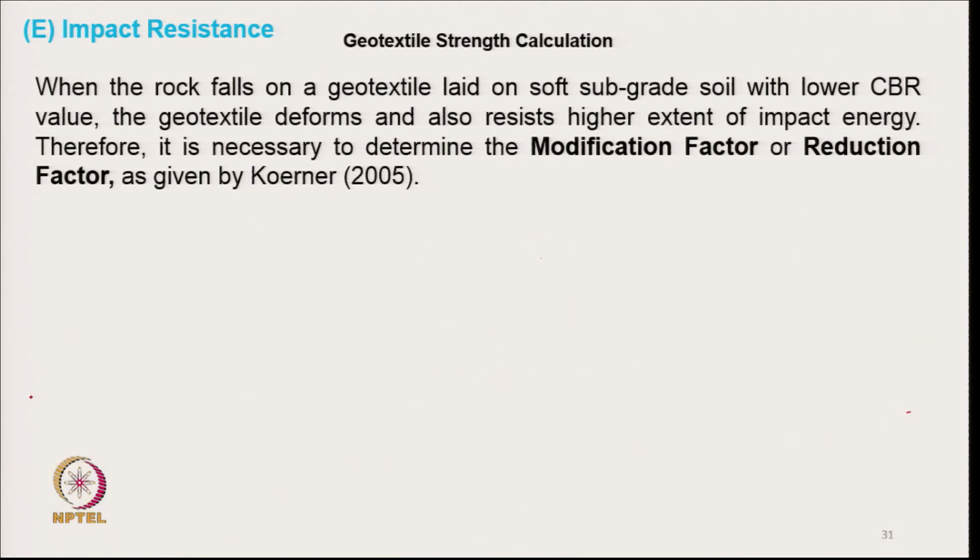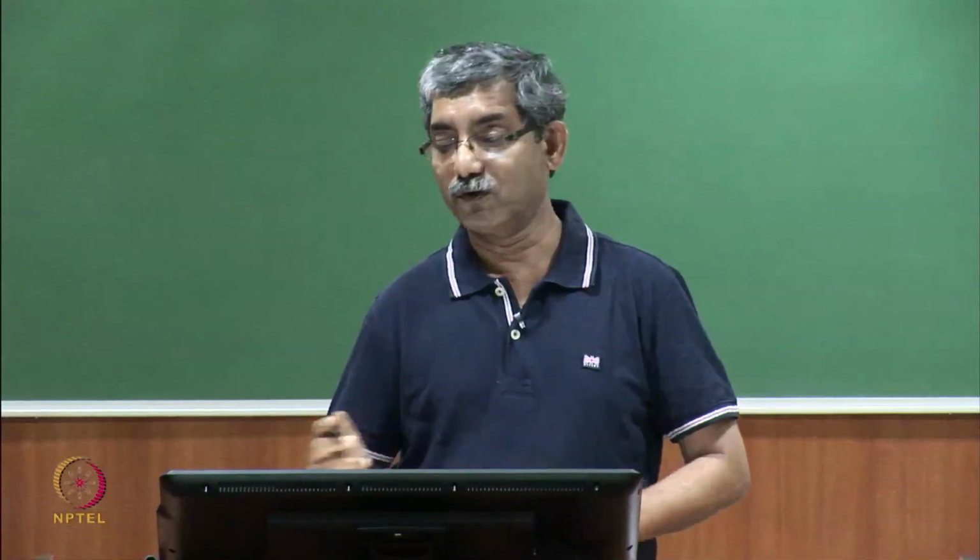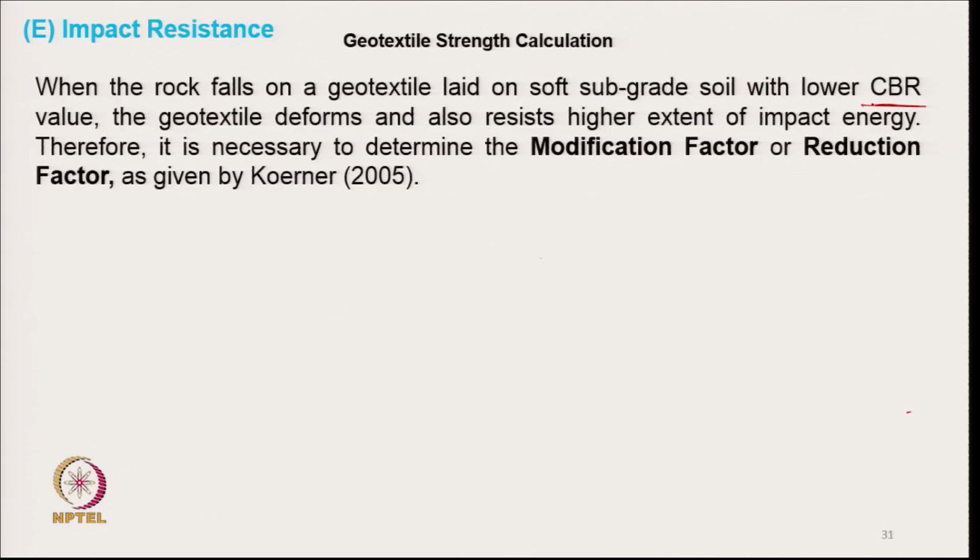When a rock falls on geotextile laid on soft subgrade soil with a lower CBR value, California bearing ratio, as we have already discussed, the geotextile deforms. Due to this deformation it resists a higher extent of impact energy. Therefore, it is necessary to determine the modification factor.